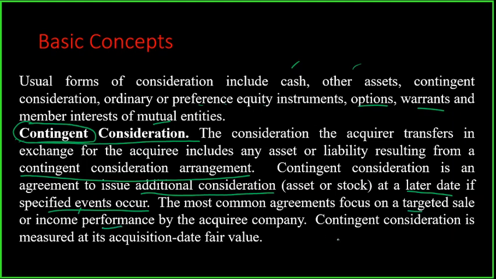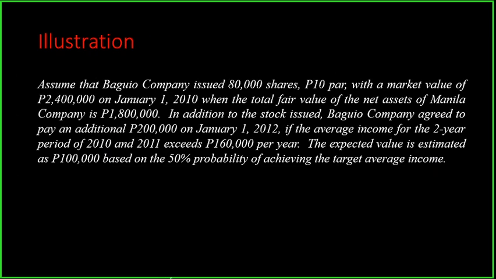Now, contingent consideration is measured at the acquisition date fair market value. So this is one of the importance of identifying your acquisition date, because all of your considerations are measured at their fair market value at the acquisition date.